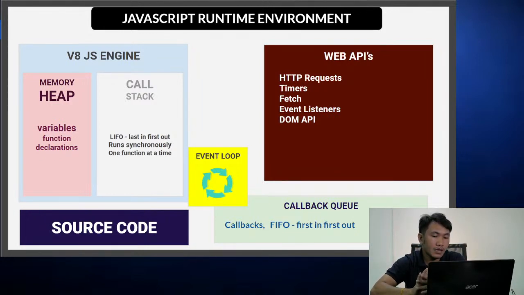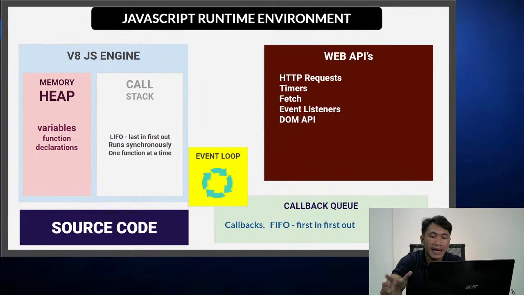And then we have our web APIs. Our web APIs include our HTTP requests, the setTimeout that we have, our fetch, our event listeners, like getElementById, or onClick, or hover, and especially also the DOM API. We will also be talking about the event loop, which is really essential to our understanding of asynchronous operations.